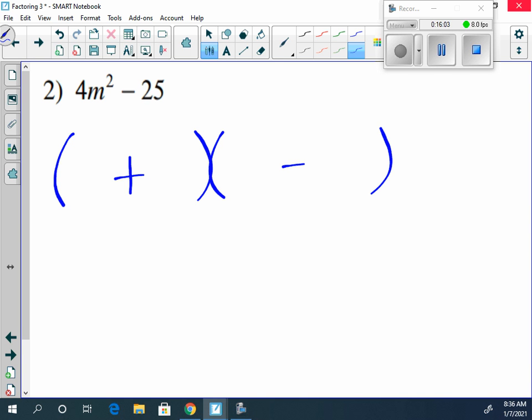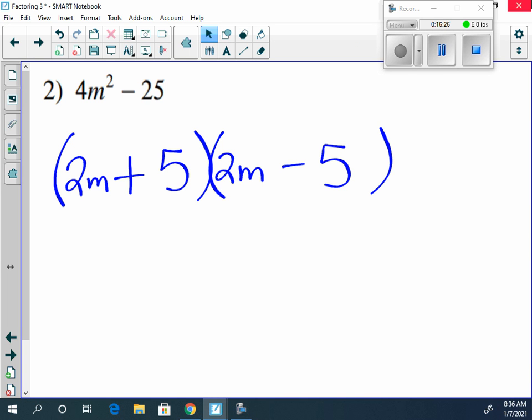So what would 4m squared be? 2m, and then we would have 5 and 5. Yeah, because I did that on the first few so you can see how it broke down. Yes.